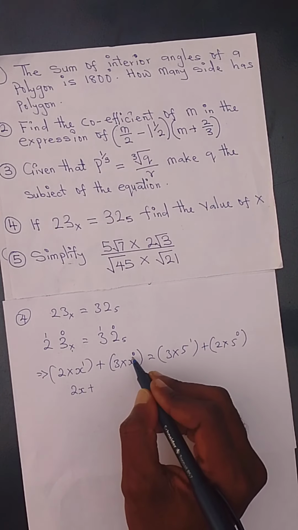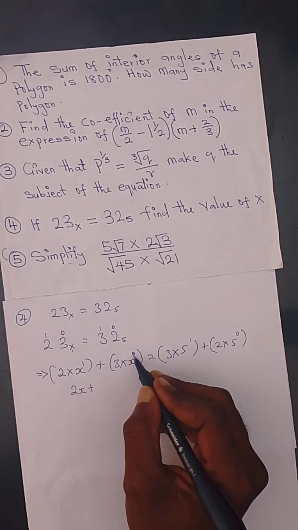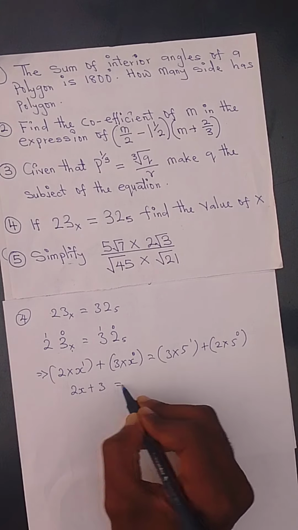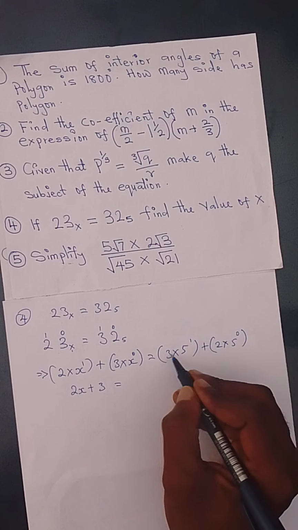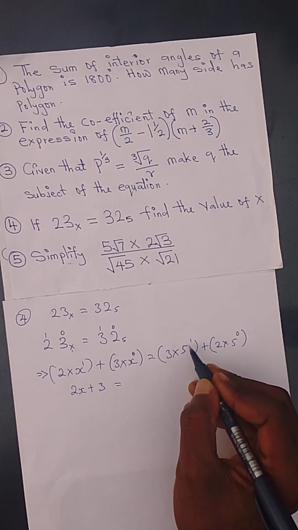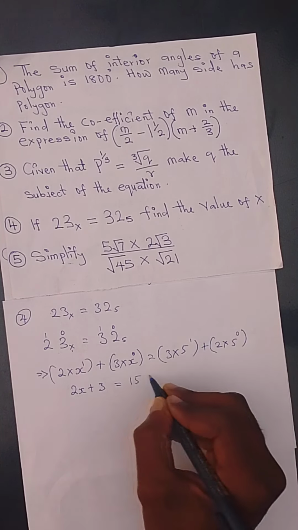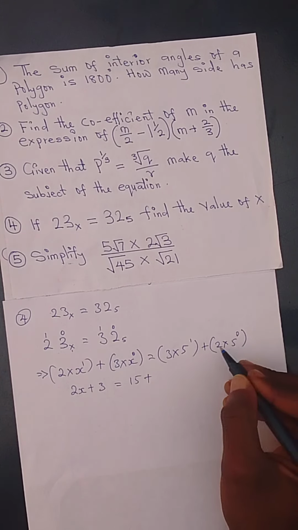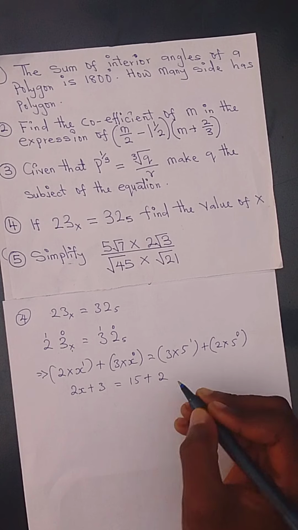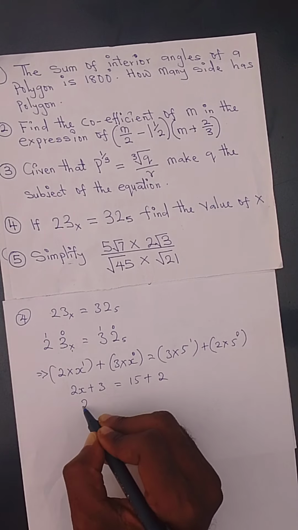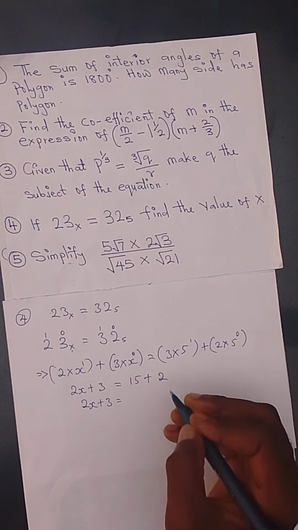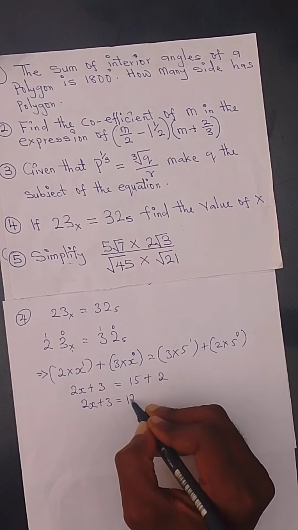Plus anything raised to power 0 is 1, so x raised to power 0 is 1. That means 3 times 1 will give us 3, equal to 5 raised to power 1, which is 5. 3 times 5 is 15, plus 5 raised to power 0, which is 1. 2 times 1 is 2. So we can say 2x plus 3 equal to 15 plus 2, that will give us 17.